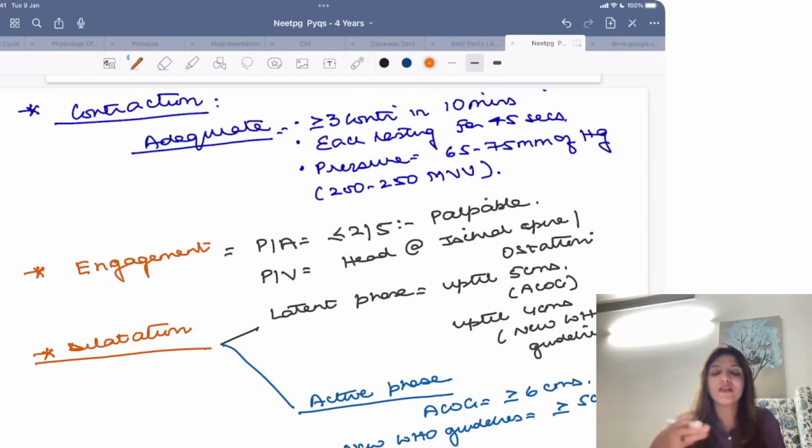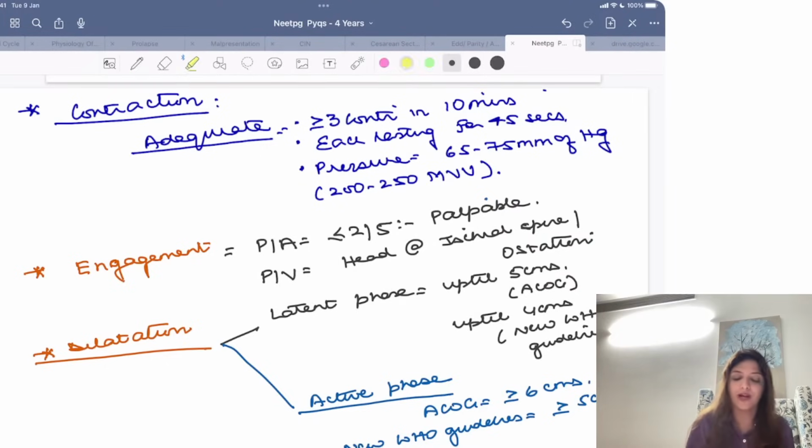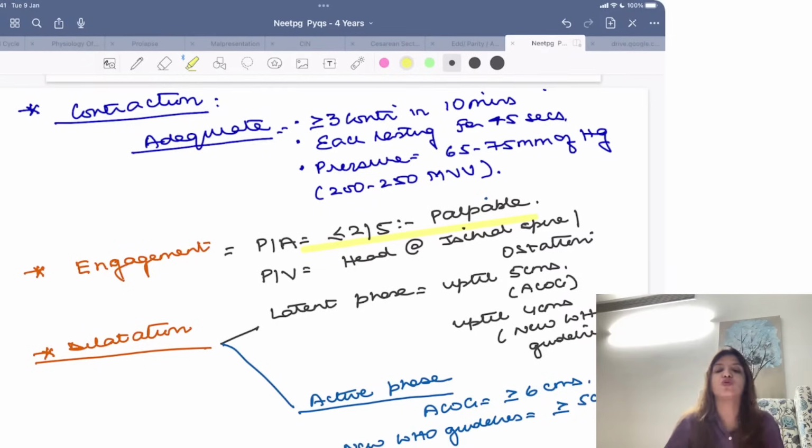And engagement is something which is necessary to say that yes, there is active labor. So if the head of the baby is 5 by 5 palpable, it means the head of the baby is still floating. Engagement कब कहते हैं? Engagement हम तब कहते हैं when the head of the baby is less than or equal to 2 by 5th palpable per abdominally, or per vaginally if the head of the baby is at the ischial spine, that is at 0 station.